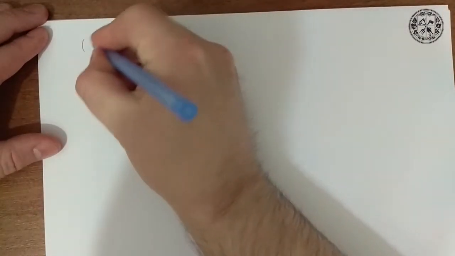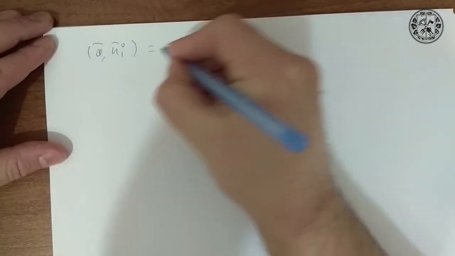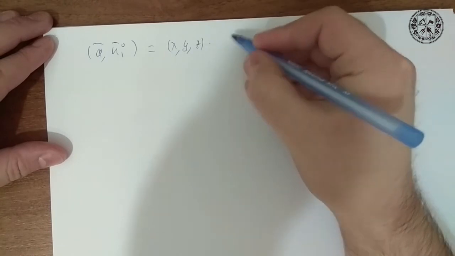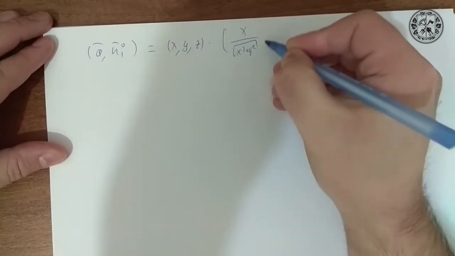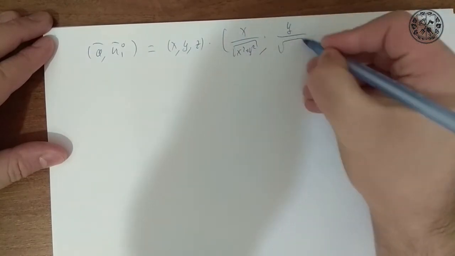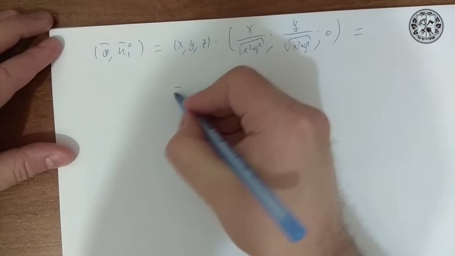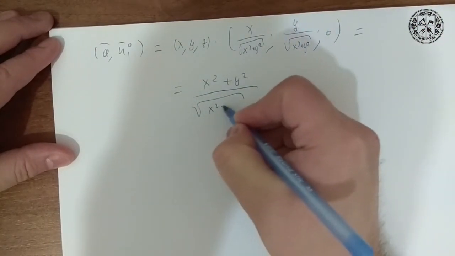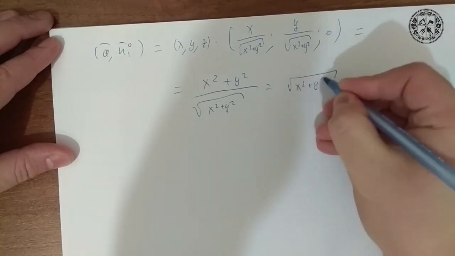Now a n1 0 scalar product will be x, y, z, our vector function, by x over square root of x squared plus y squared, y over square root of x squared plus y squared, 0, and we will get x squared plus y squared over square root of x squared plus y squared, which will give us square root of x squared plus y squared in the end.